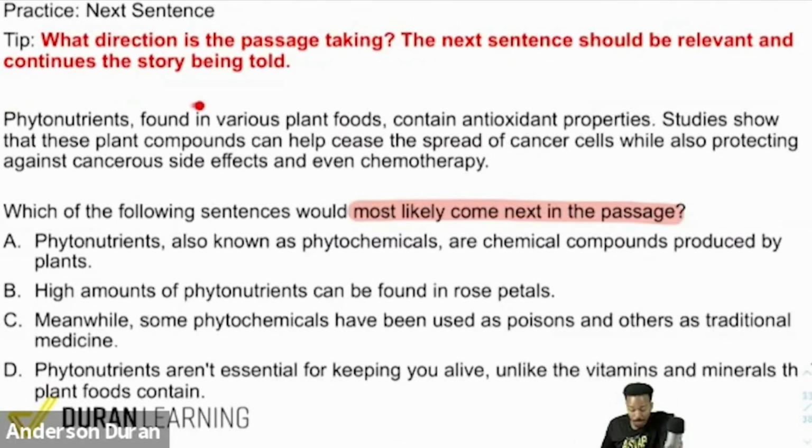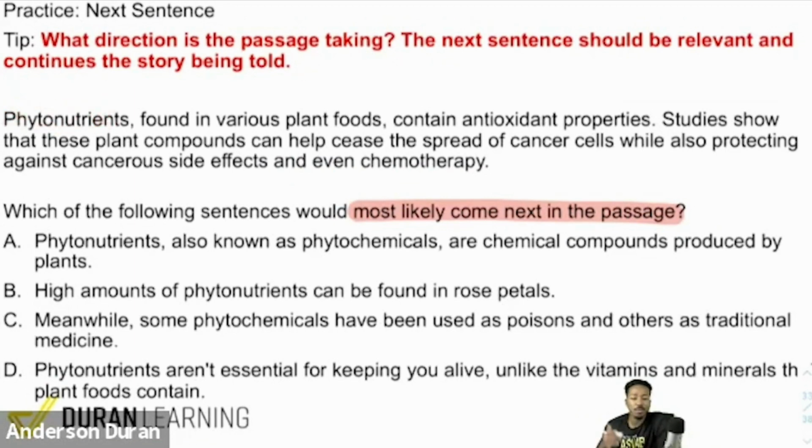Phytonutrients found in various plant foods contain antioxidant properties. Studies show that these plant compounds can help cease the spread of cancer cells while also protecting against cancerous side effects and even chemotherapy. Even if you need to read it again, it's fine, because we're talking about something largely scientific here. I know some of us may be looking at this and saying, what is that word?